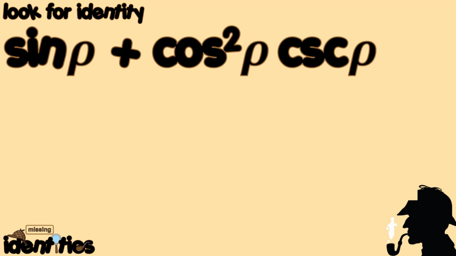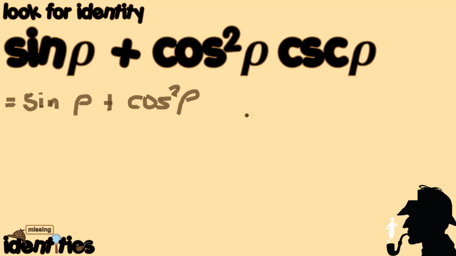Let's start by just copying our sine rho here because it's already in its simplest form, sine rho, as well as our cosine squared of rho. But as mentioned, we are going to express cosecant in terms of sine or cosine.